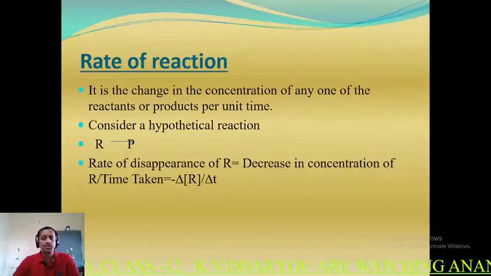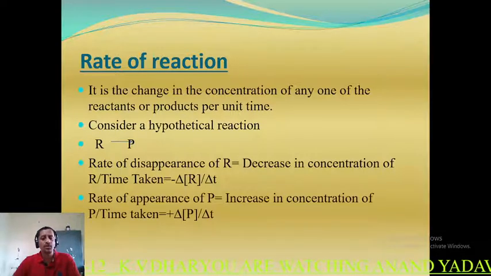It can be expressed mathematically as negative delta R upon delta T. Rate can also be expressed in terms of product. Rate of appearance of product is the increase in concentration of product per unit time. It is positive, plus delta P upon delta T.